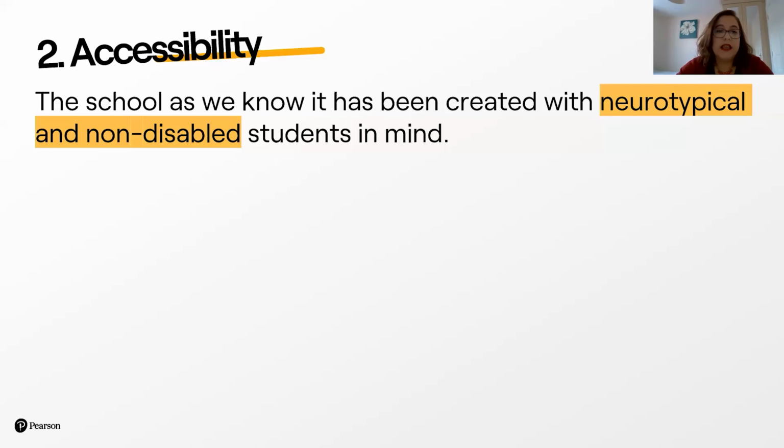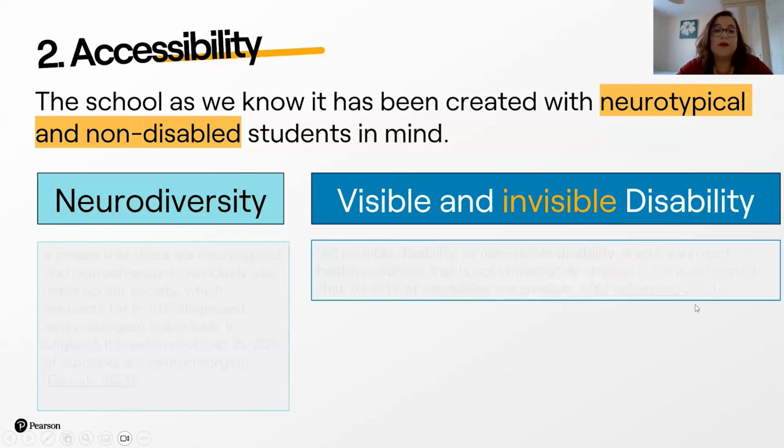And that means that many things are not taken into consideration when we design our lessons, build our schools, and organize our classrooms, because they are considered an exception, something extra that we need to create only for certain numbers of students because the need arises.